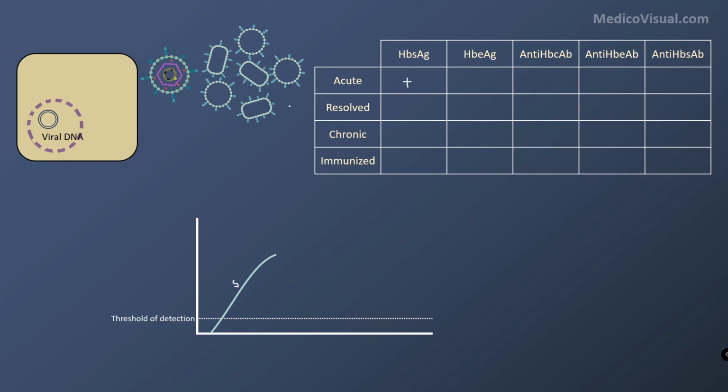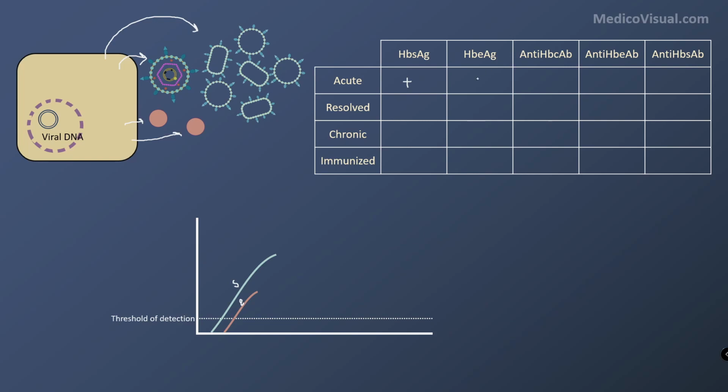Then what will happen? It is not only producing these viral and subviral particles, but we will also see E antigen. E antigen is being produced by this infected cell and secreted outside, as well as these virus and subviral particles are being produced. So there will be a rise in E antigen.